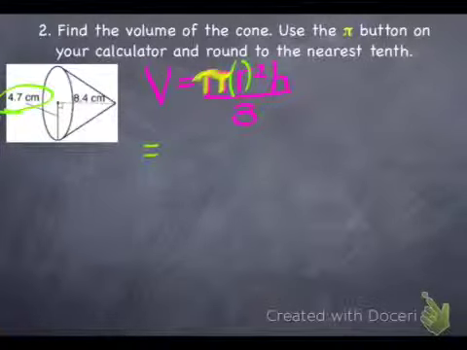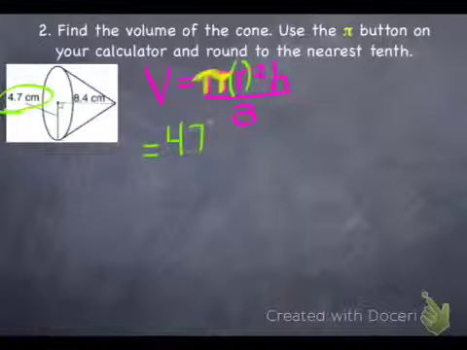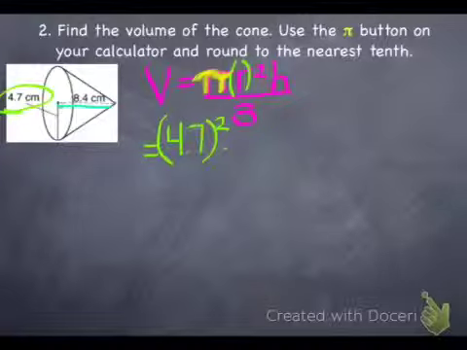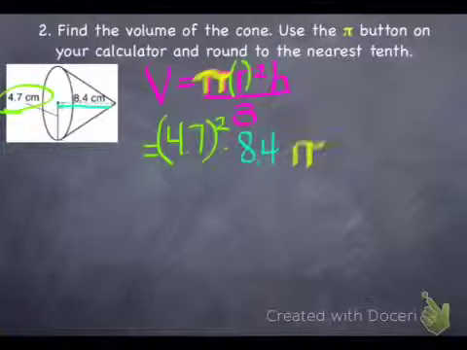So I've got 4.7, that's squared, times my height is 8.4. I'm going to keep my times pi. And then all of that's going to be divided by 3. So let's do some simplifying.